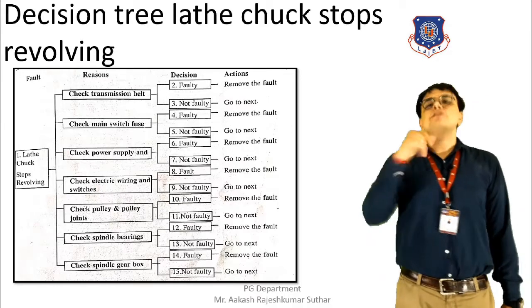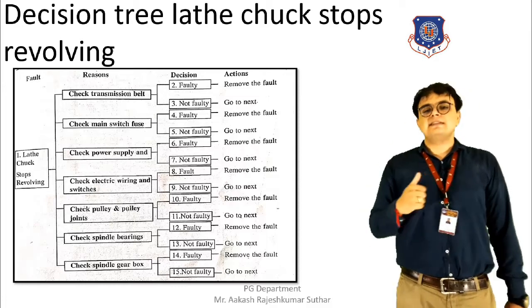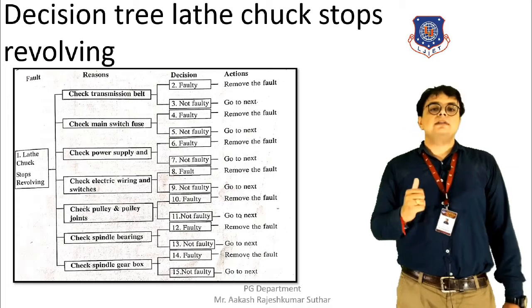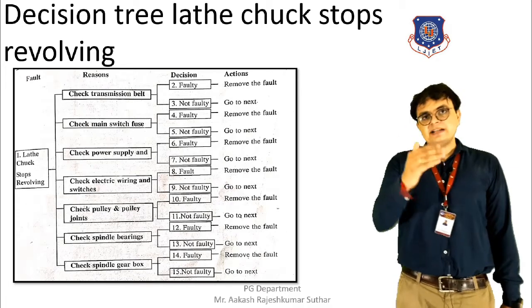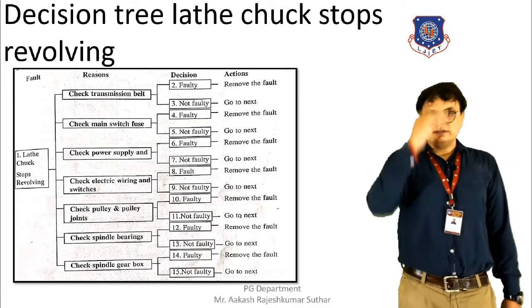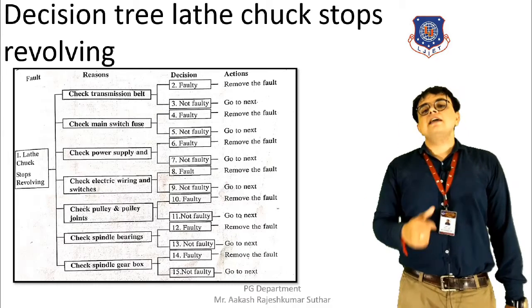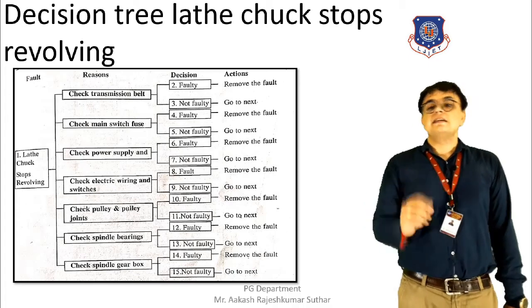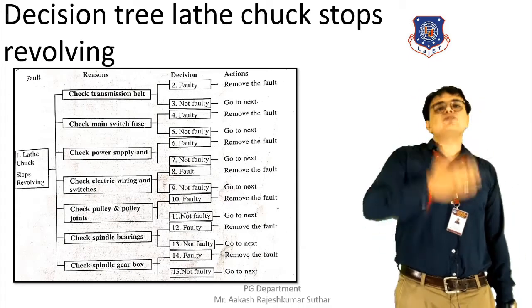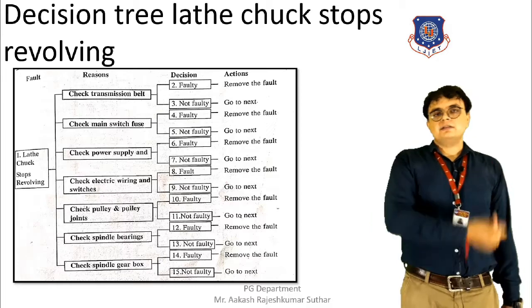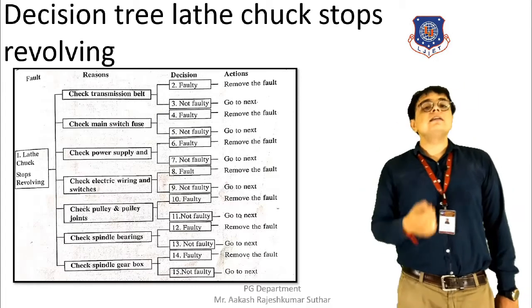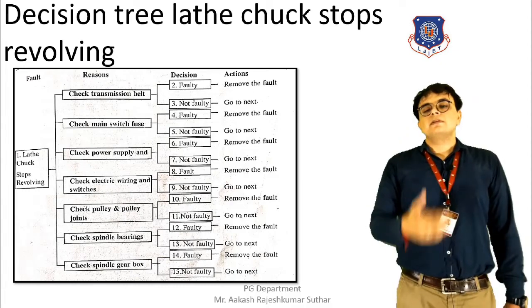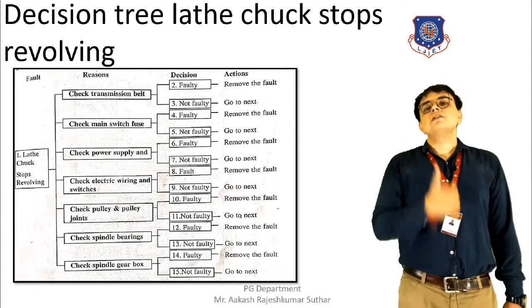The lathe has stopped, and we have found many reasons. The first reason is checking of the transmission belt. So this transmission belt checking is done, the analysis is done, and based on that analysis we make the decision that, for example, if it is found faulty, then corresponding to that decision, the activity required is to remove the fault.